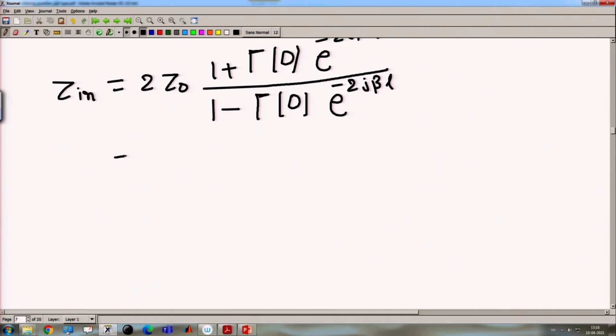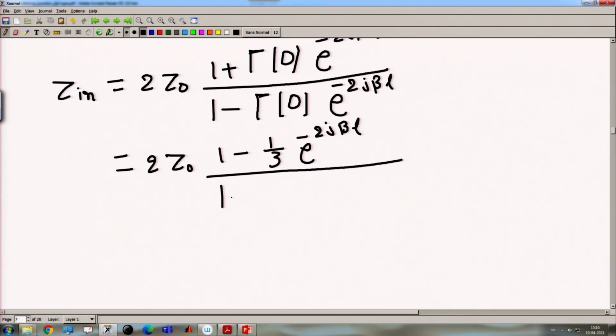After substituting we get 2 Z naught times 1 minus 1 by 3 e to the power minus 2 j beta L, divided by 1 plus 1 by 3 e to the power minus 2 j beta L. This will be Z in.